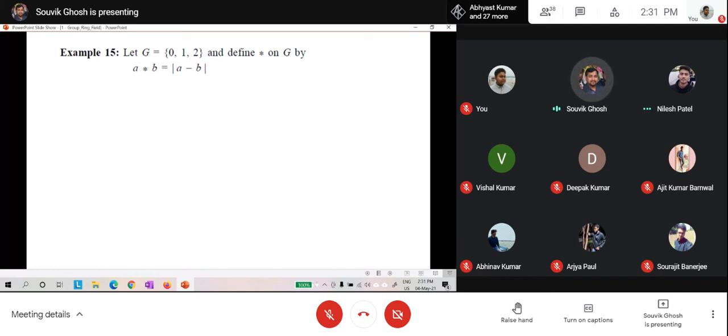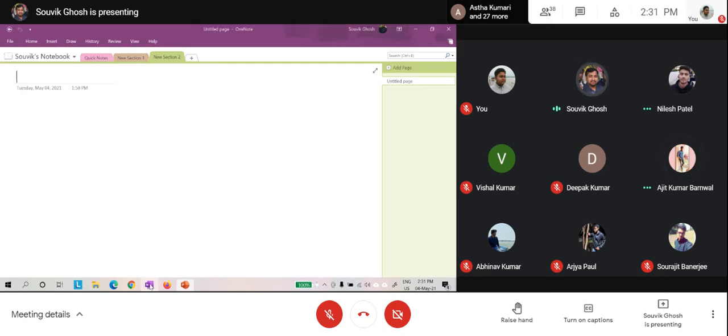To check a groupoid, what do we need to check first? Yes, the closure property. So we have the elements 0, 1, 2, and we can draw this table.